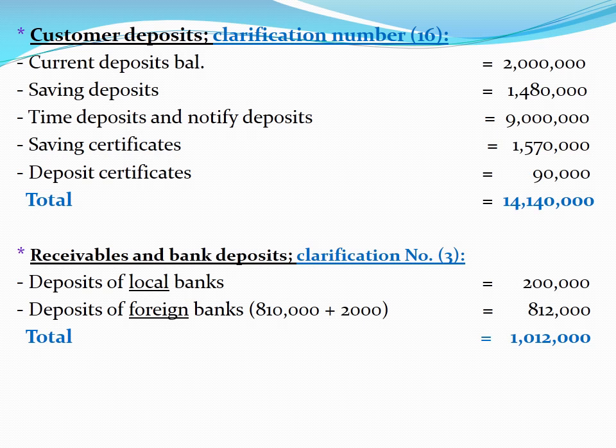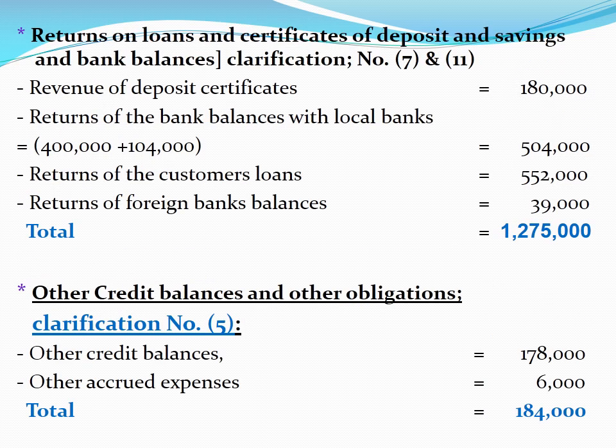When he said that the return on foreign bank balances is 33, but in the trial balance it is mentioned 31. So we received 31 only, so still 2 should be added to the balance. So we added deposit of foreign bank 2 plus 810 from the trial balance gives 812. The total 1,000,012.